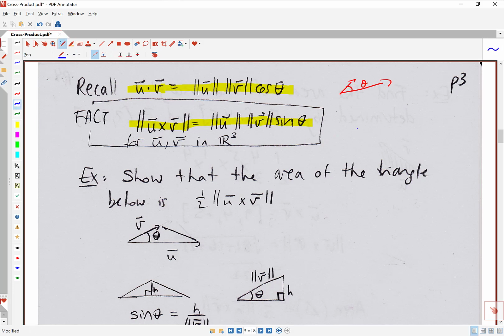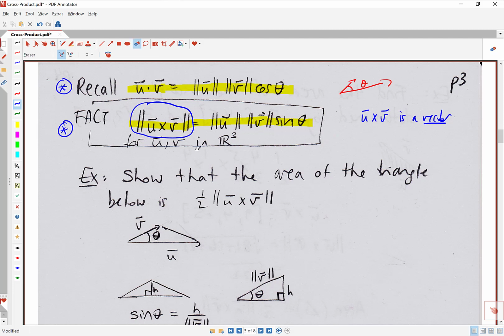The caution I would make here is that when we write down u cross v, that's a vector. So in order to create a numerical quantity, we're taking the length of that vector, and we're saying that length is the product of the lengths of u and v times sine of the angle between them. So there's a nice parallel: one formula involves the dot product, another involves the cross product, one involves the cosine of the angle between the vectors, and the other involves the sine of the angle between the two vectors.